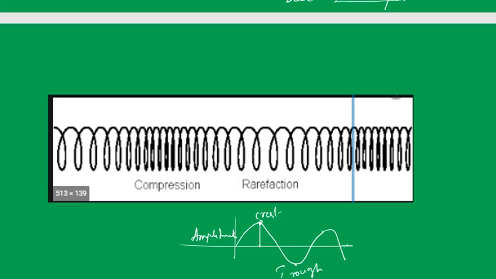So the propagation direction is this. If you take another crest here, this is what we call the wavelength. These are the two points, measured from crest to crest. So actually it has to be equal, crest to crest, then it is said to be the wavelength. So these are a few differences between the longitudinal and transverse waves.